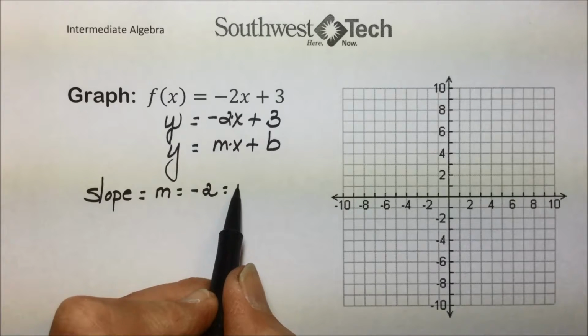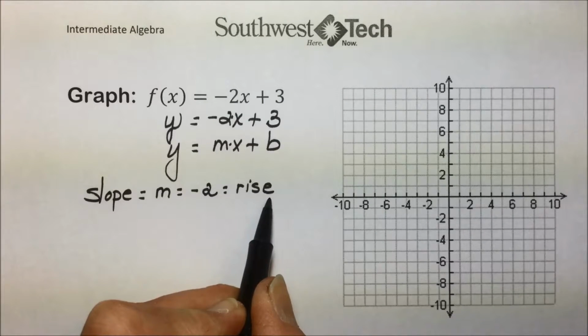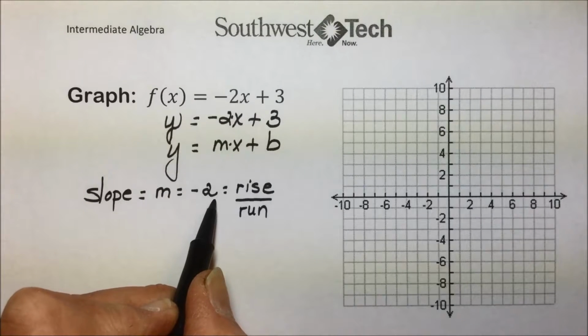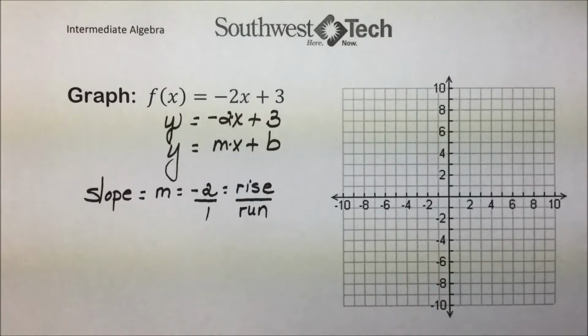And again, slope is a description of a vertical change called rise over a horizontal change run. And to have it as a ratio, we'll put the denominator of 1 without changing the value of the slope.